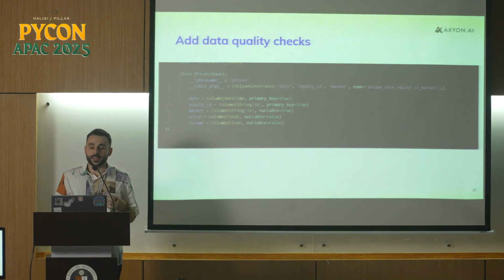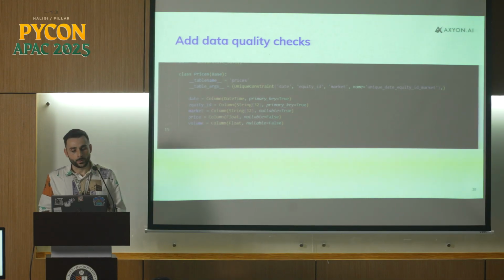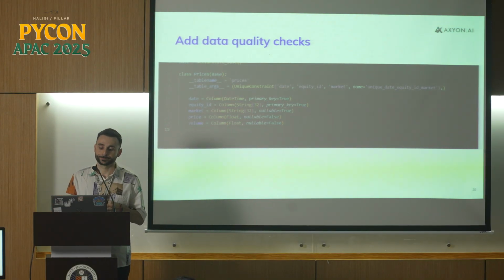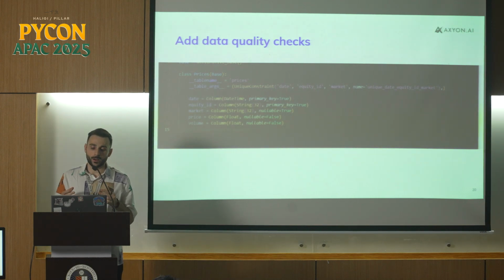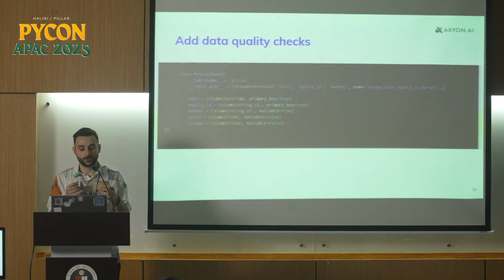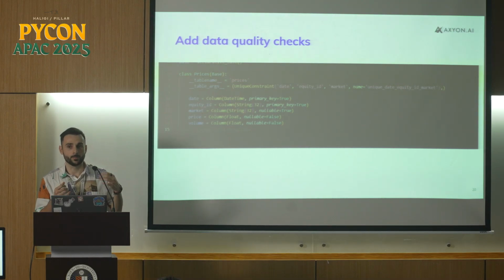So let's complicate things a little bit. We want to create a data quality control on our ORM. So first of all, we create a new column called market. In this column, we just save in which market the equity is traded. And again, I want a single data point for the combination date, equity ID, and market.